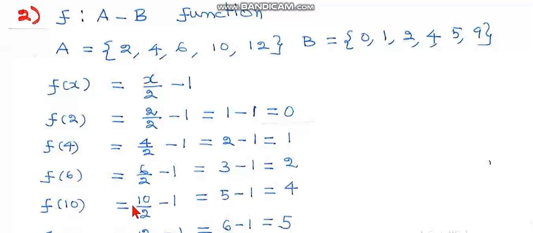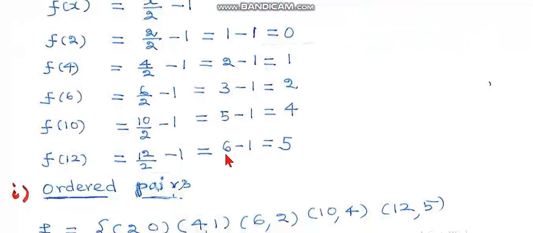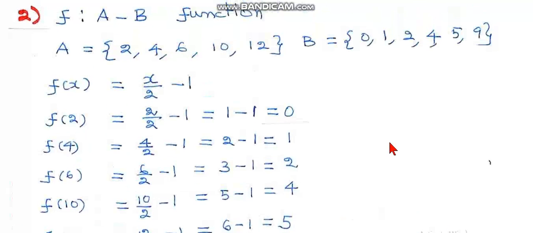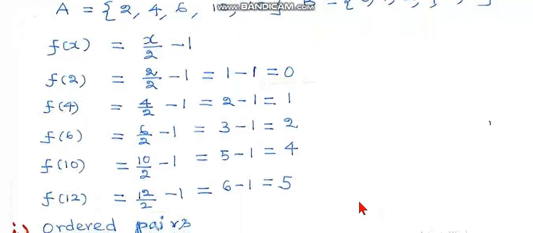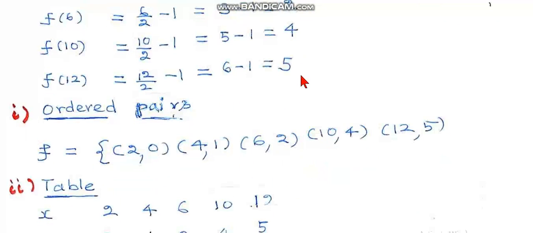F of 10, 10 by 2 minus 1, 5 minus 1, that is 4. F of 12, 12 by 2 minus 1, that is 6 minus 1, that is equal to 5. So we have got f of 12 as 5.